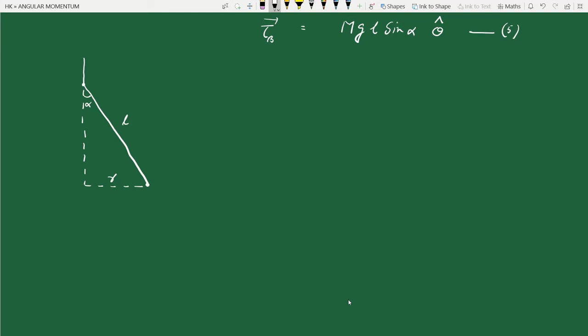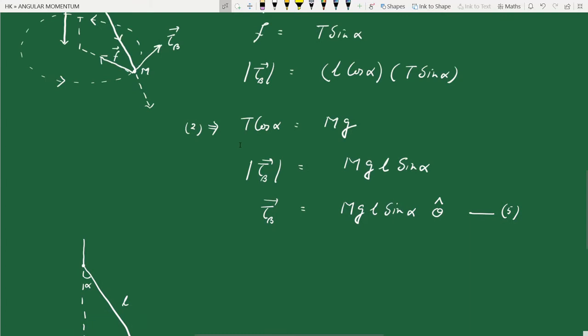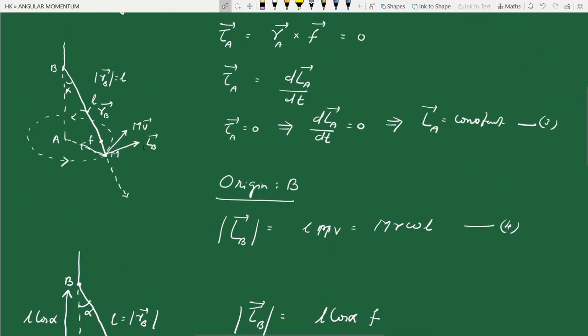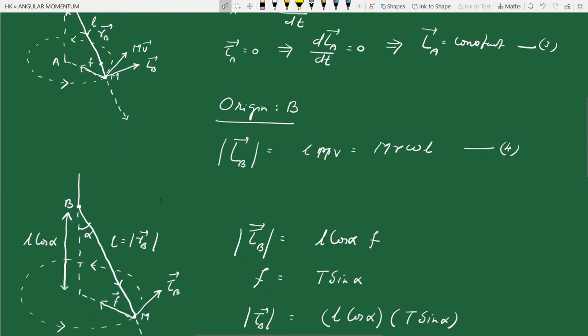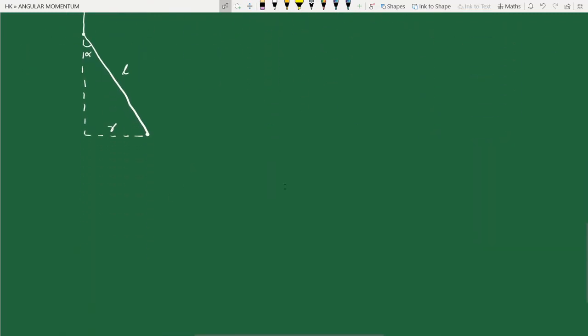Now we have shown a direction for LB. See here, LB is R cross MV, so LB is perpendicular to both RB and MV. It is in some direction. So let us look at this direction. Consider this direction is perpendicular to RB. So this is the direction of LB.